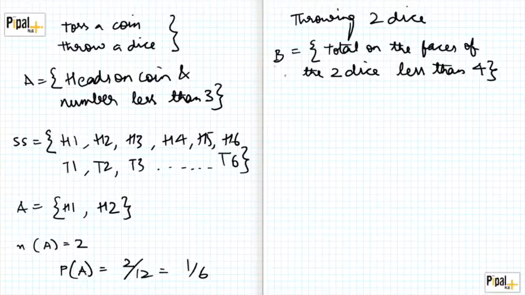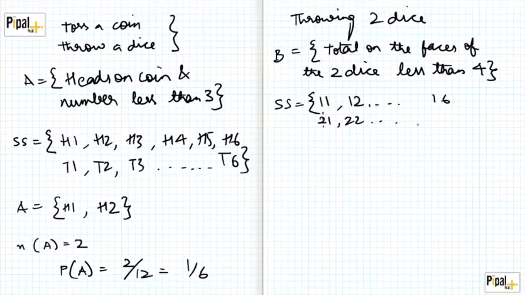Now in this case, the total will start from 2, because the sample space is 1 1, 1 2 and so on until 1 6, then 2 1, 2 2 and so on until 2 6, and it goes on until 6 1 and until 6 6. Recall that there were 36 outcomes in the sample space, right?